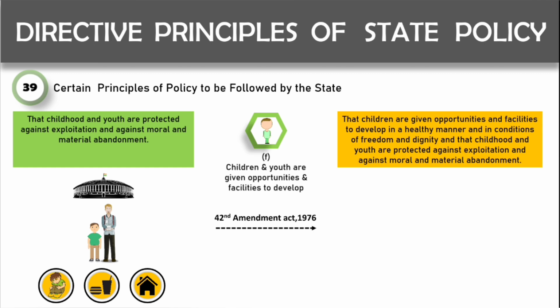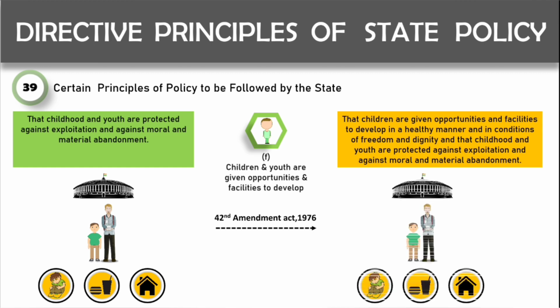But after the 42nd Amendment Act, along with the previous responsibilities, the state is also responsible for providing facilities to children and youth to live their lives with freedom and dignity. And they also get all the opportunities to develop and grow themselves in a healthy way.